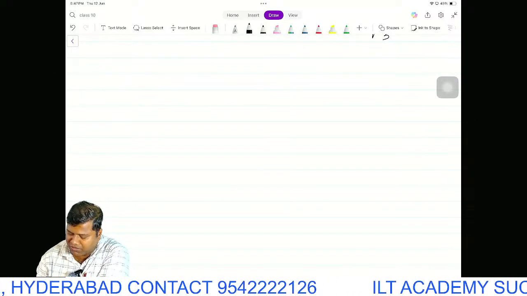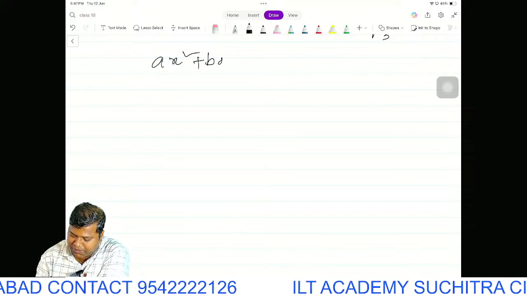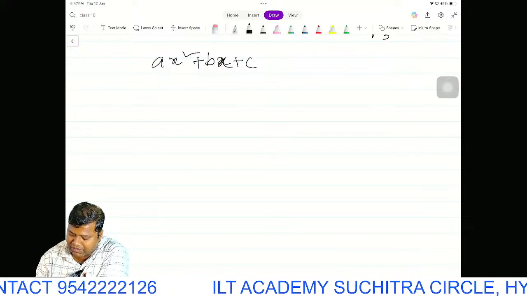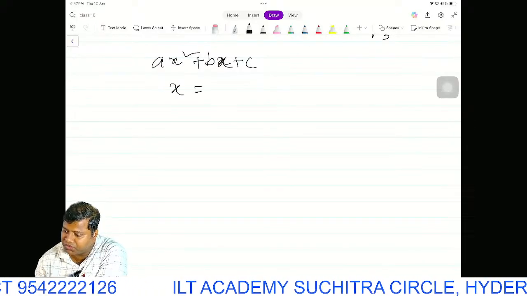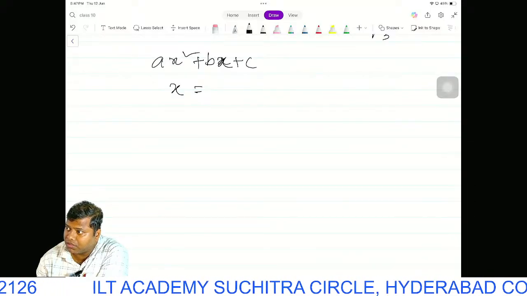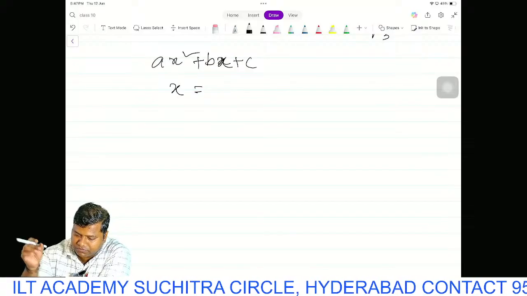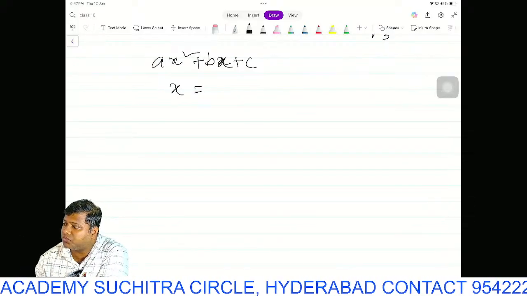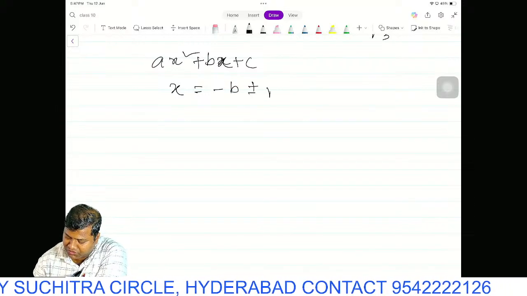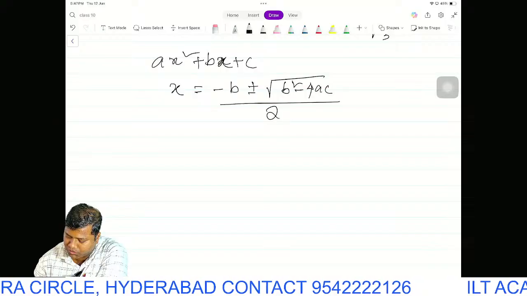In the quadratic formula, if ax square plus bx plus c is the polynomial, then what we have as a solution? X is equal to minus b plus minus square root of b square minus 4ac by 2a.